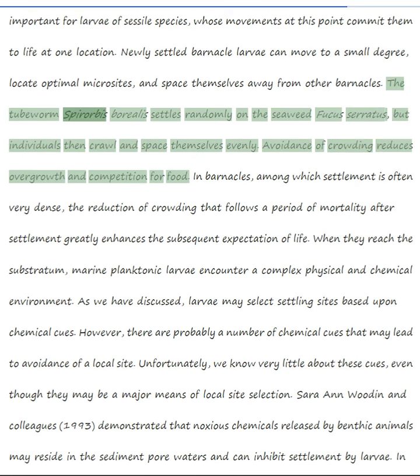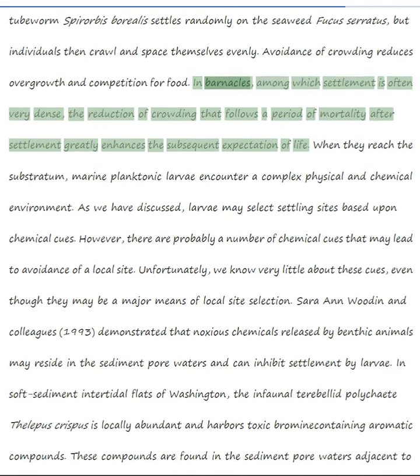The tubeworm Spirorbis borealis settles randomly on the seaweed Fucus serratus, but individuals then crawl and space themselves evenly. Avoidance of crowding reduces overgrowth and competition for food. In barnacles, among which settlement is often very dense, the reduction of crowding that follows a period of mortality after settlement greatly enhances the subsequent expectation of life.